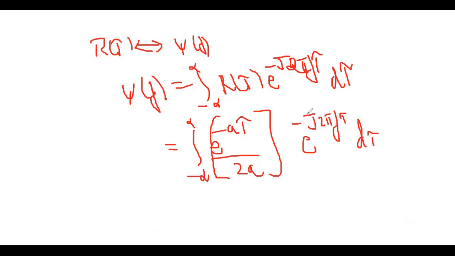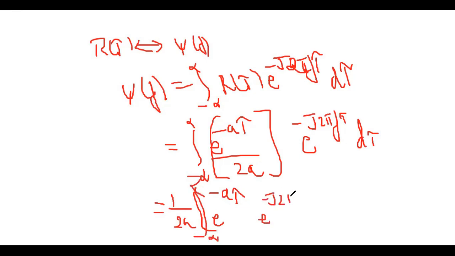So now the bases are the same, and the exponent in both is tau. So 1 by 2a into e power minus a tau, integral from minus infinity to infinity of e power minus j 2 pi f tau d tau.